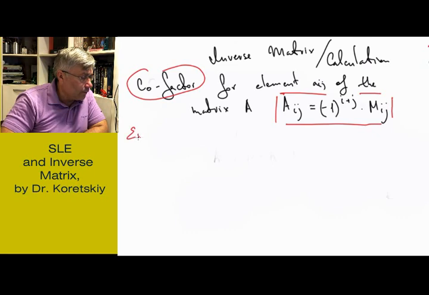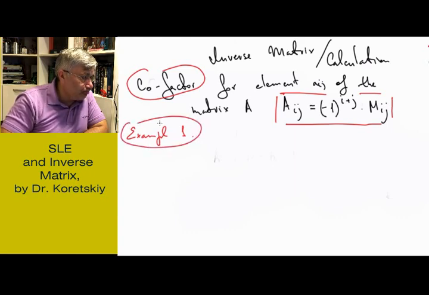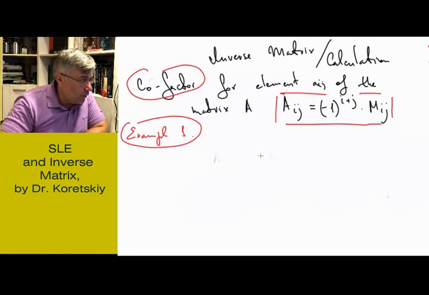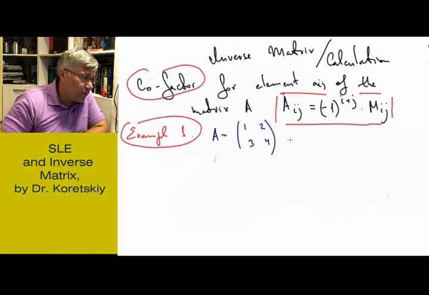Example 1. Next one example here. You have a matrix A equal 1, 2, 3, 4, and I want to define all cofactors.